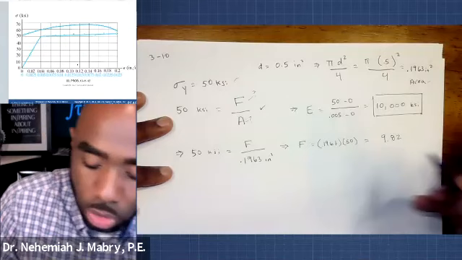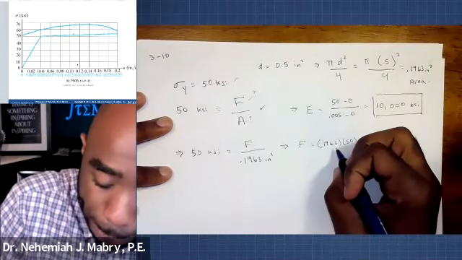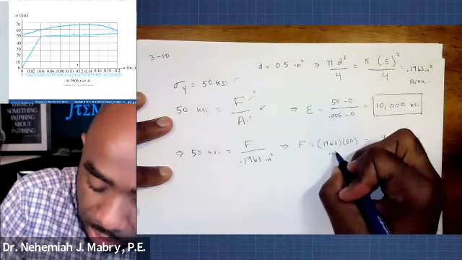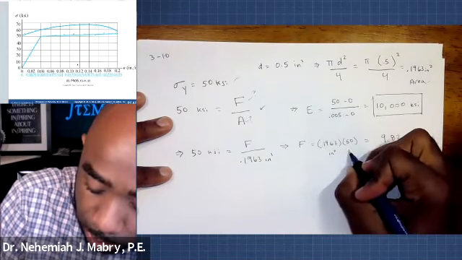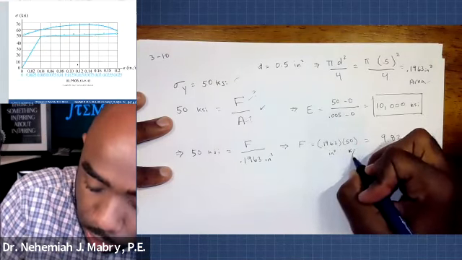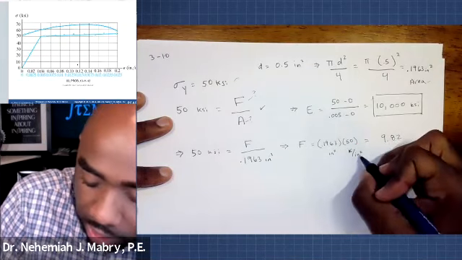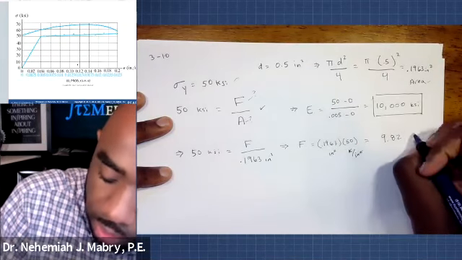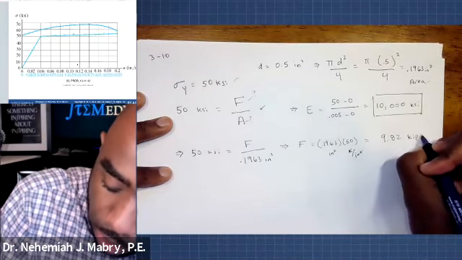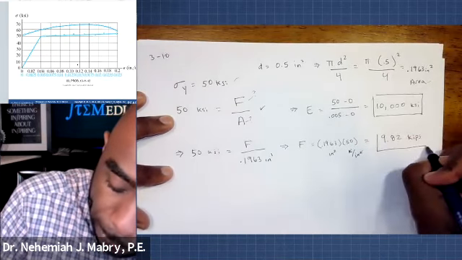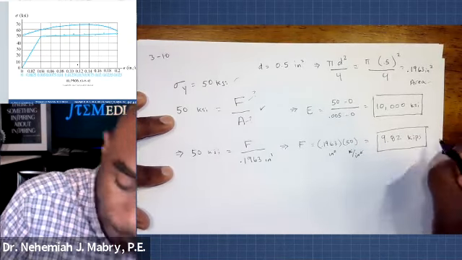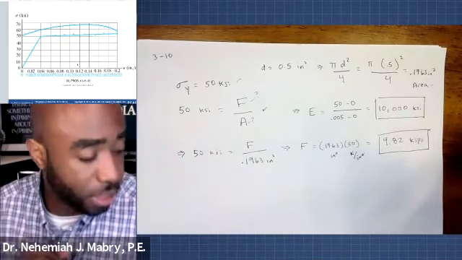What is the unit? Well, you can know that this unit here, area, is square inches, and this one is kips per square inch, KSI. These cancel out, leaving us with 9.82 kips. Which is the second answer that we need for this problem, right?